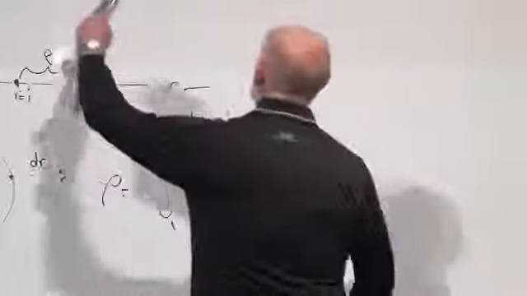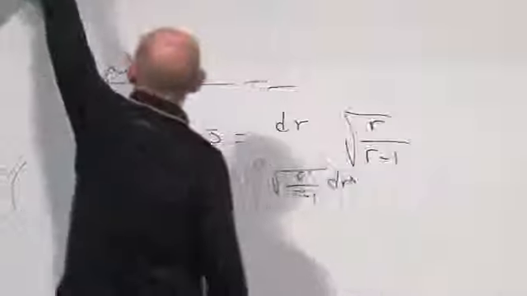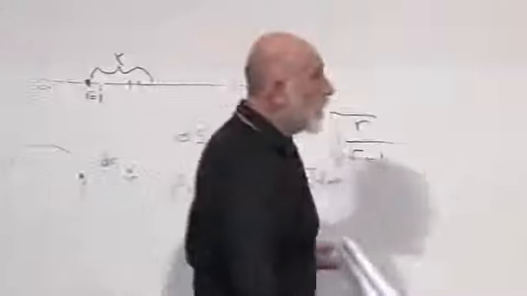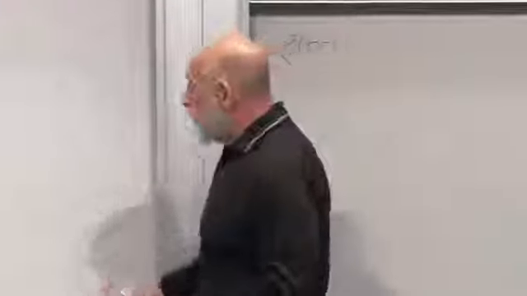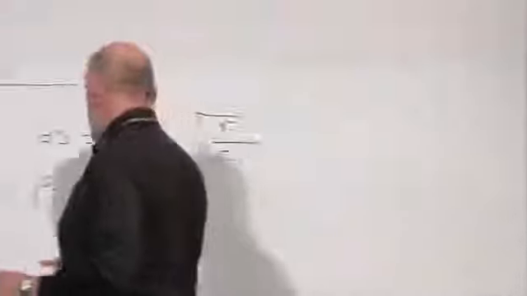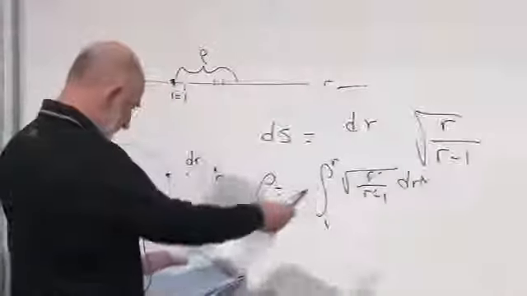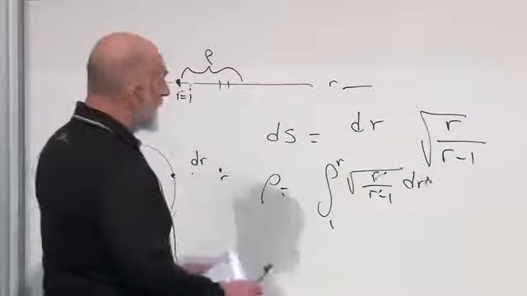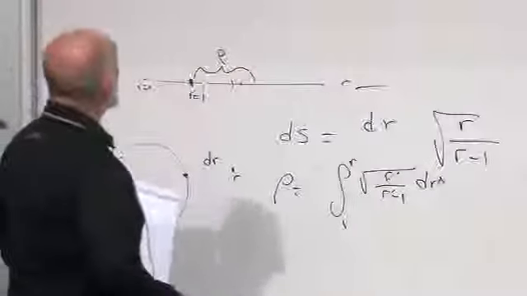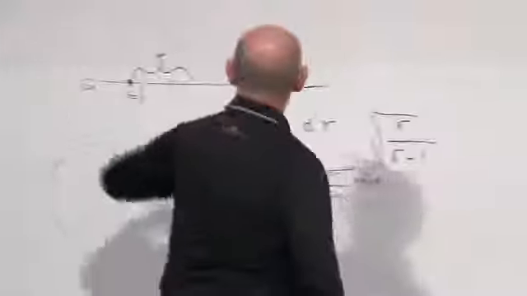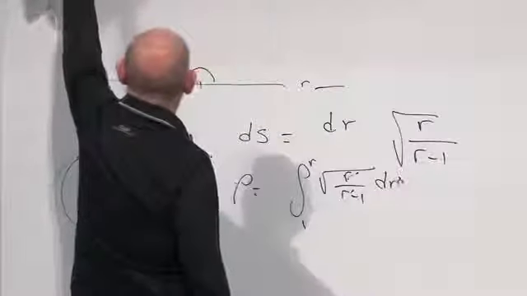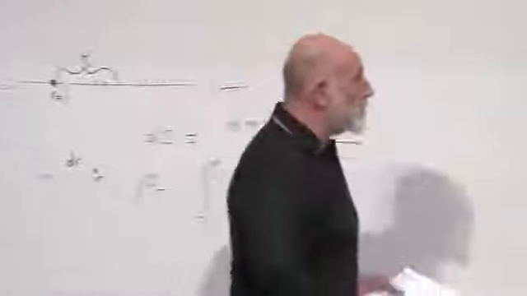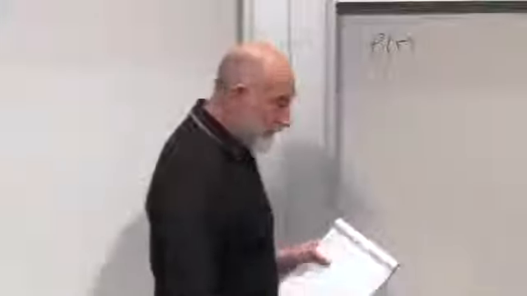And what's more, the metric over here is also just a function of rho. We know the relationship between rho and r, and our favorite function over here, r minus 1 over r, that's also a function of rho.